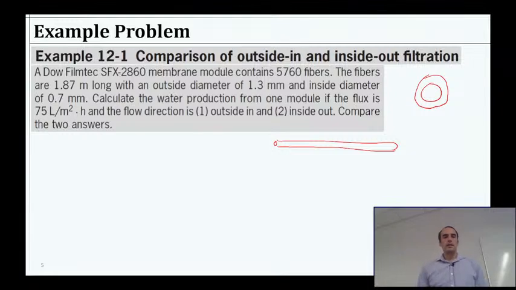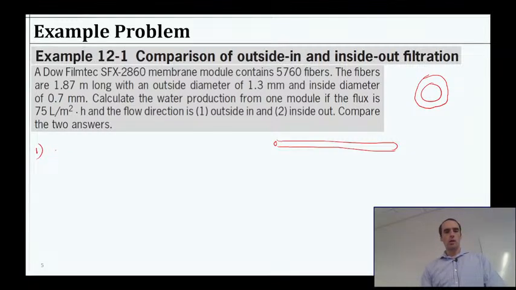Okay, then we are tasked to calculate the water production from one module if the flux is 75 liters per square meter per hour. And the flow direction is either, in the first scenario, outside in, and in the second one, inside out.